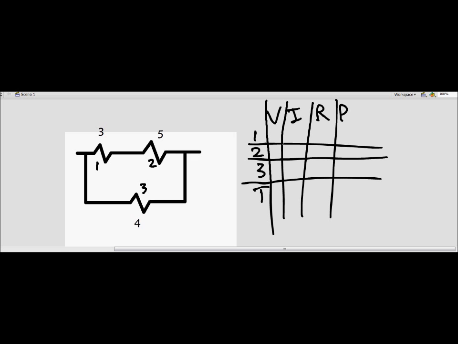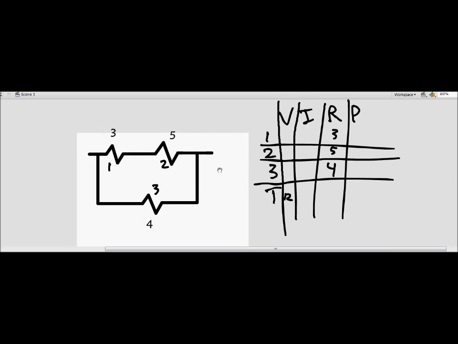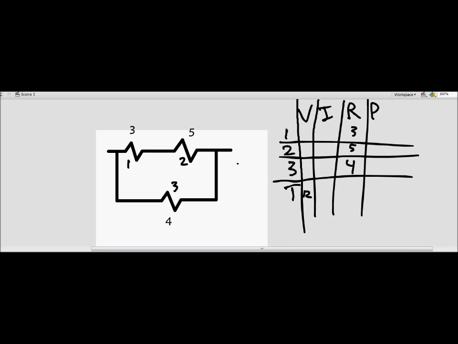Okay, so now that we've got our table, we're told in the problem that the total voltage is 12 volts. And we know that the resistances are 3, 5, and 4. And what we're going to have to do is find the equivalent, or the total resistance, first. So what we do is we look at this, and anything that we can combine, we do.